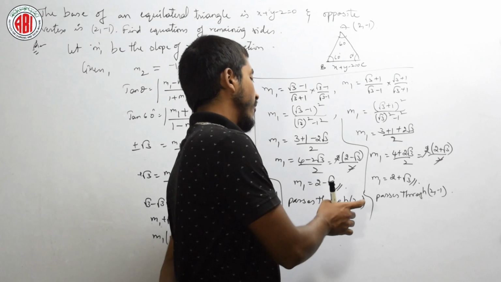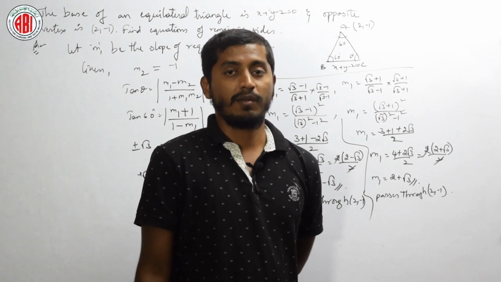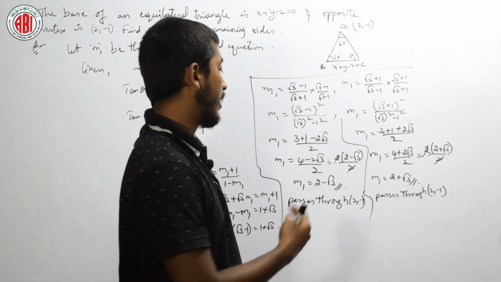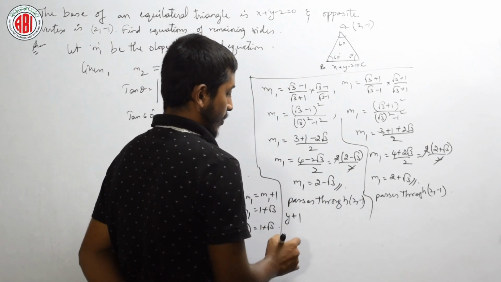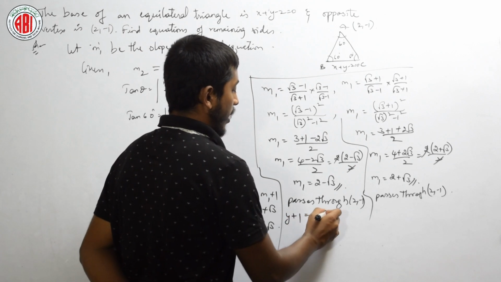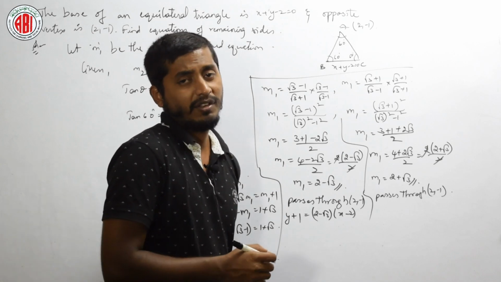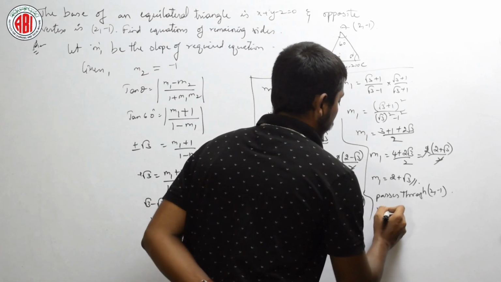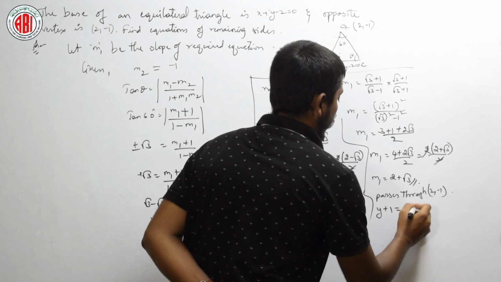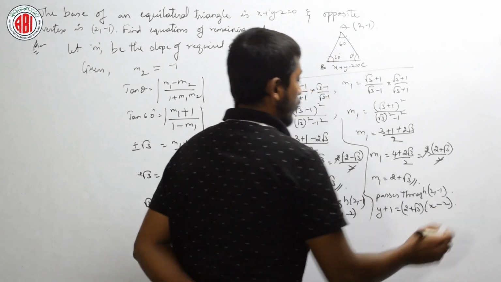We have a slope, we have a point, that is y minus y1 is equal to m into x minus x1. Let us substitute in that. Y minus of minus 1, that is plus 1, equal to m into x minus x1. Even if you stop here, it is enough. You can even simplify. Here also y plus 1 equal to 2 plus root 3 into x minus 2.